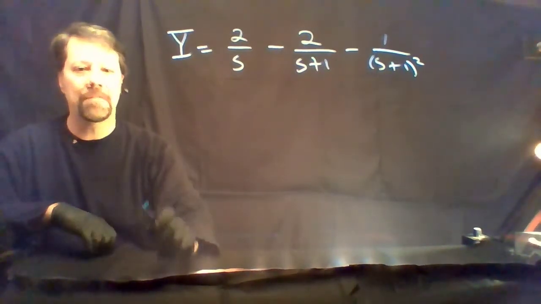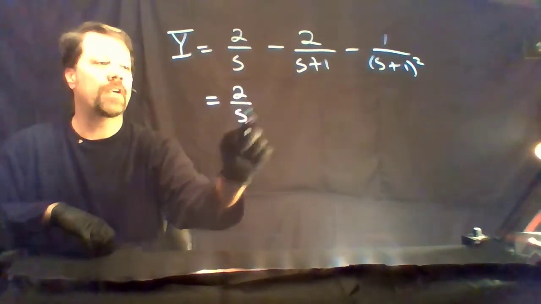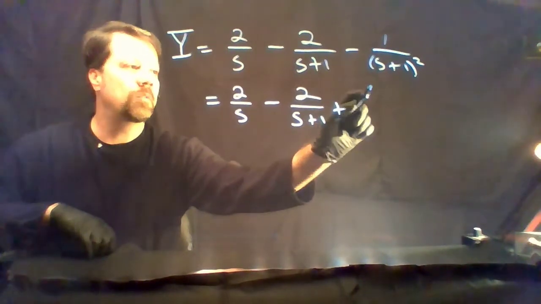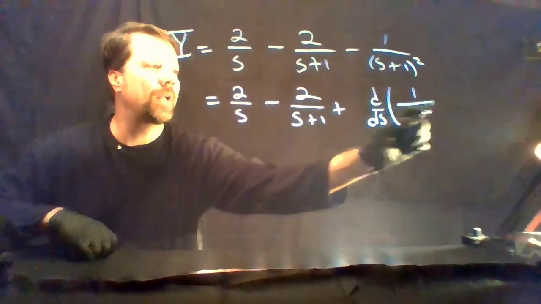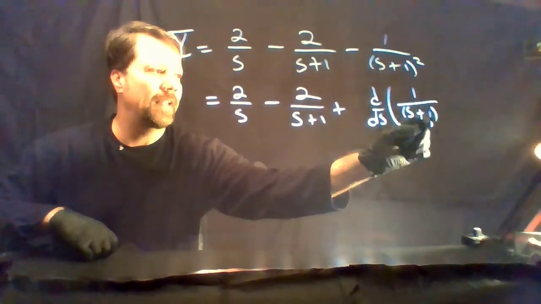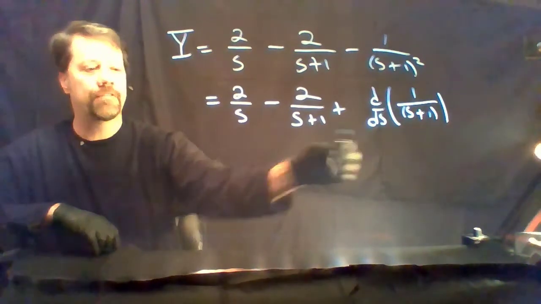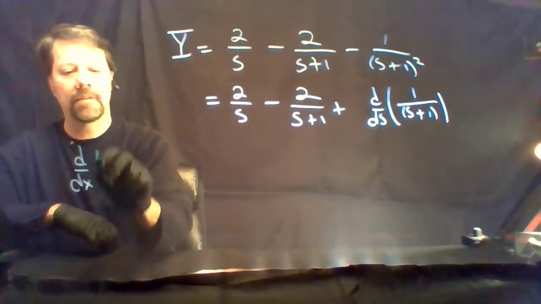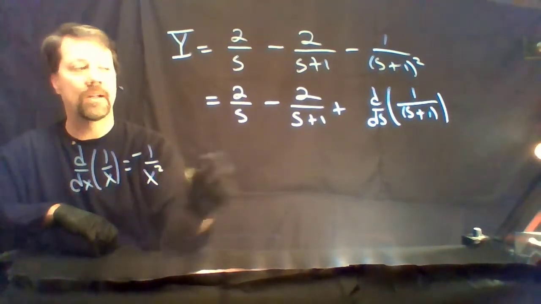Before calculating an inverse Laplace transform, note that this is 2 over s minus 2 over s plus 1 plus the derivative with respect to s of 1 over s plus 1. The effect of this being a derivative, remember that the derivative of 1 over x is negative 1 over x squared.